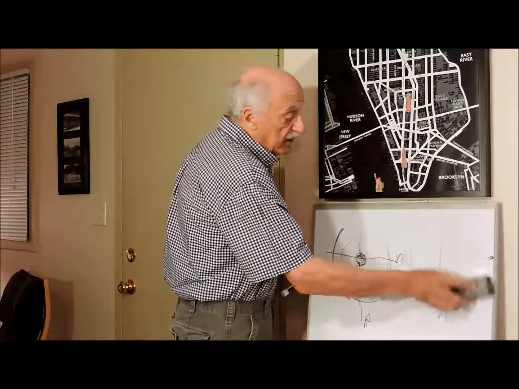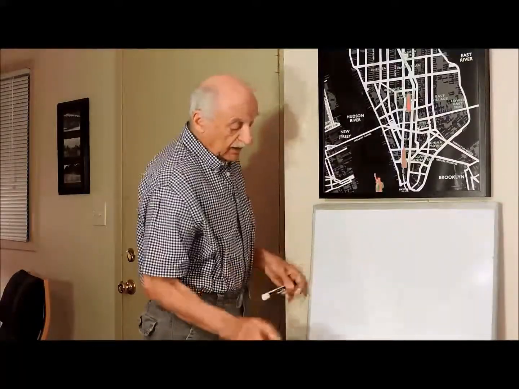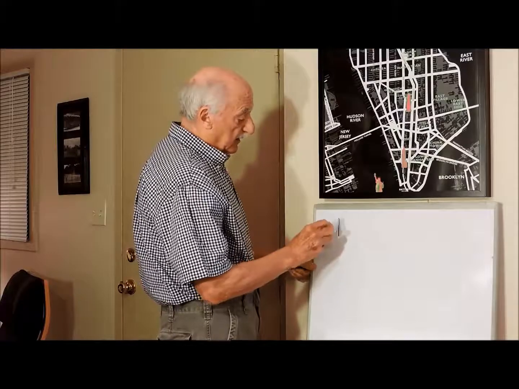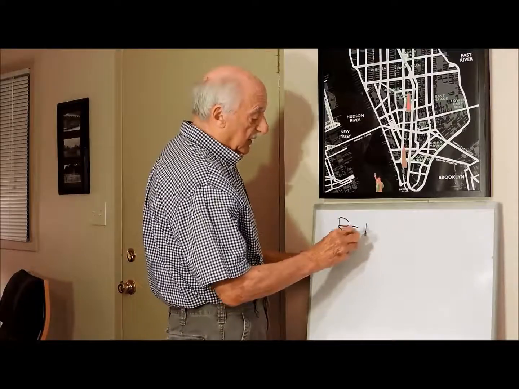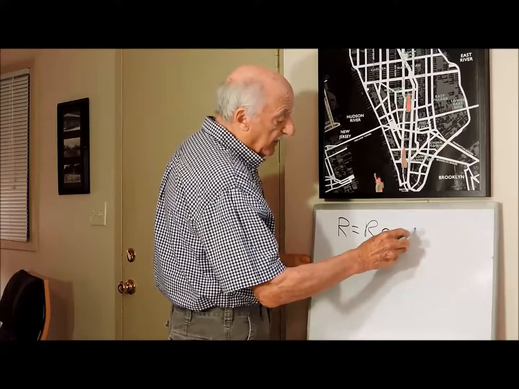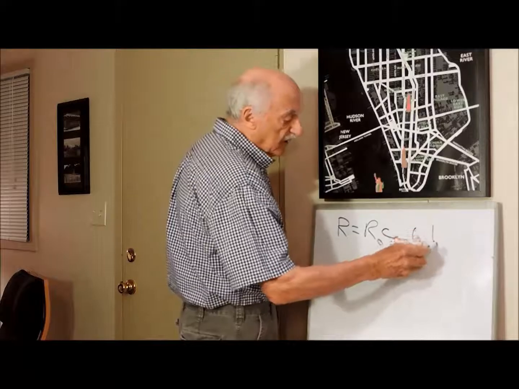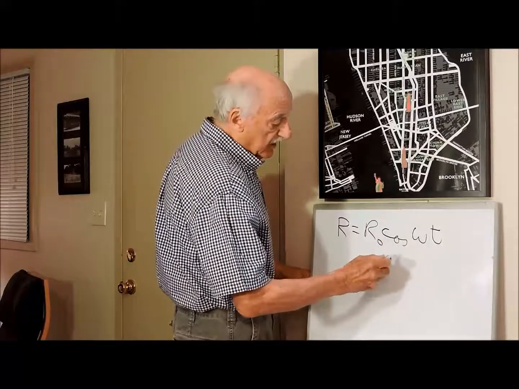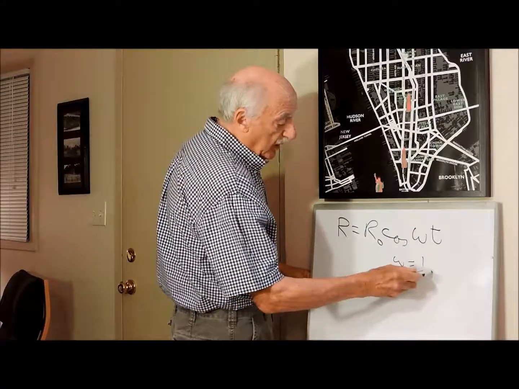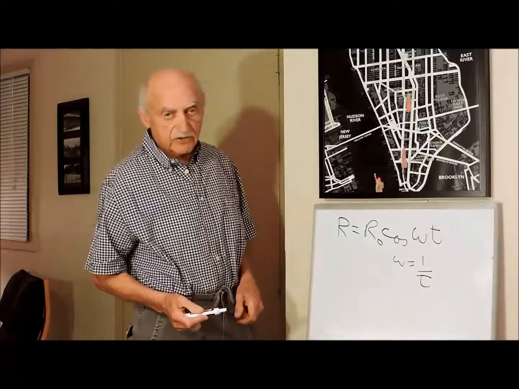And so the solution to the equation for a vertical orbit is that the distance is equal to the maximum distance times the cosine of the frequency times the time, and the frequency in this case is equal to 1 over the period. And this is in radians, not in cycles.